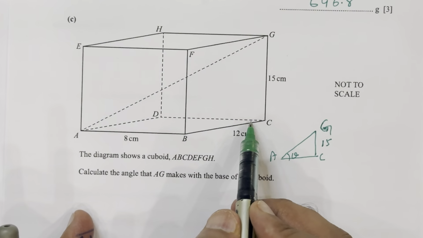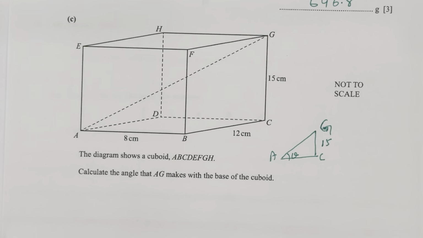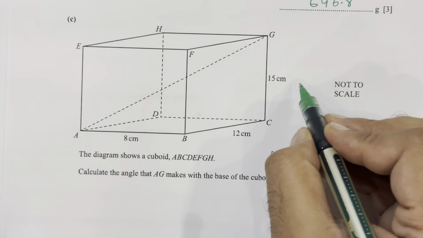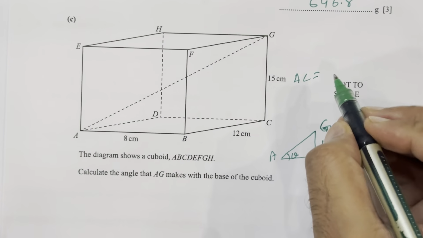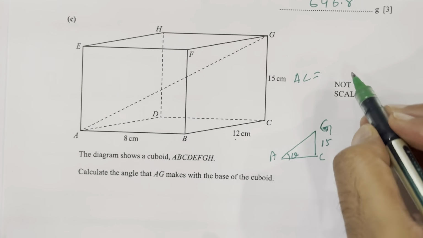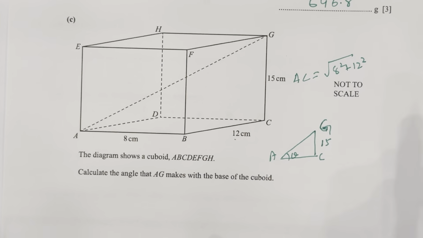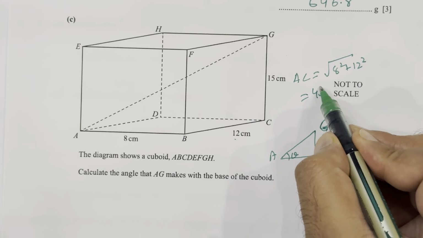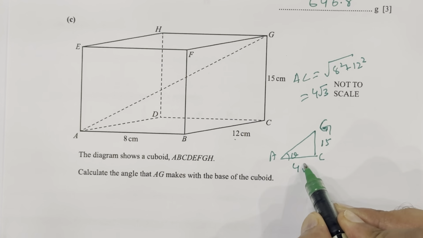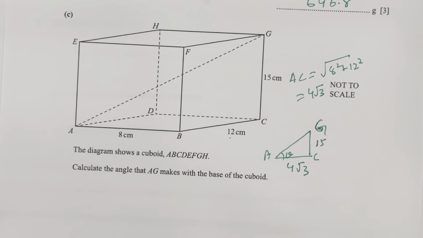Now you need to calculate the AC. You can calculate AC by Pythagoras theorem, that is equal to 8 square plus 12 square, and you get the value 4 under root 3. So 4 under root 3 would be the value of AC.